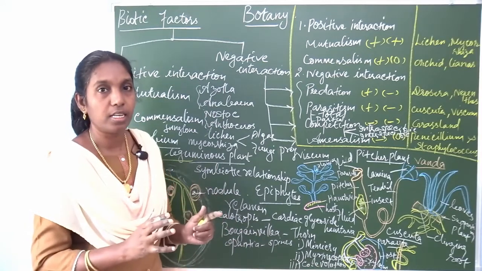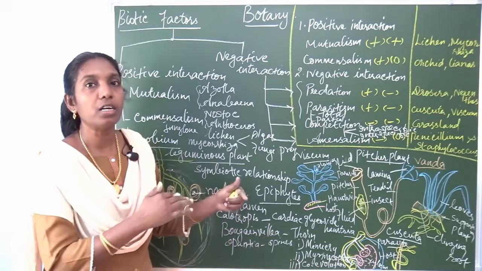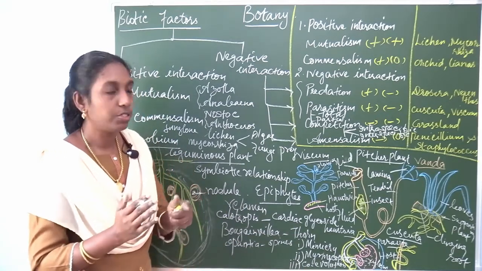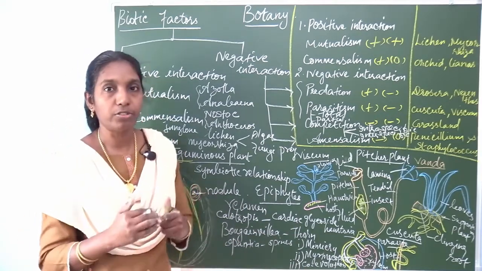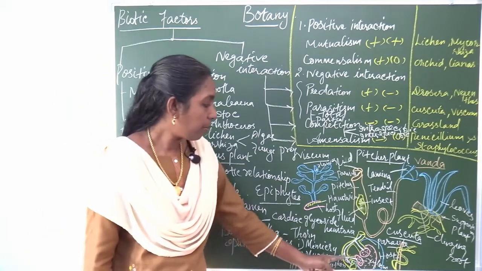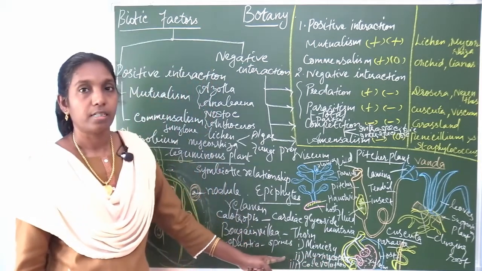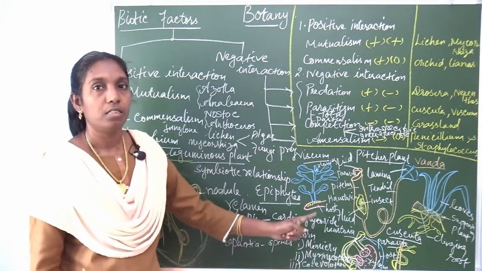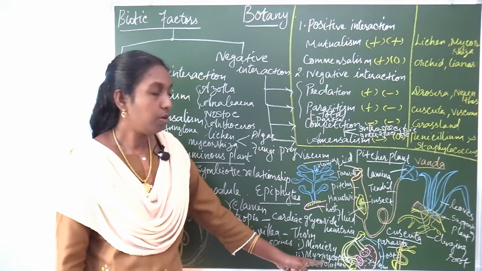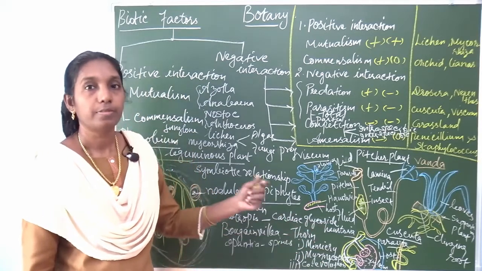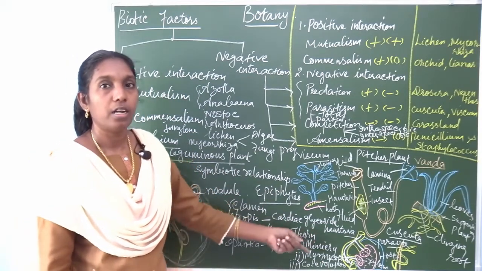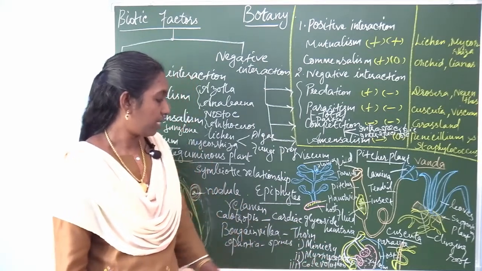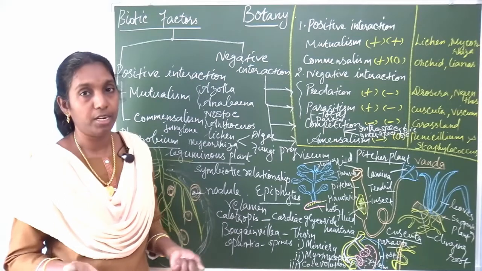If ants are there, other organisms cannot attack the plant. This co-evolutionary relationship is seen in myrmecophilous ants with certain plants like mango, jamun and some others.